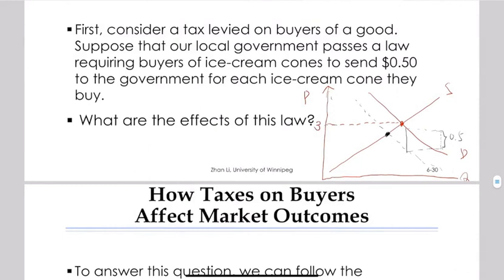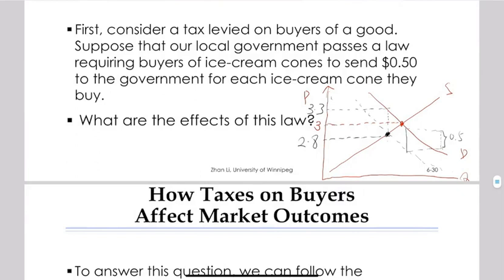And after the tax law, after this additional $0.5 tax, then you can see that, let's assume this is 2.8, and I will have a different number. Let's assume this is 3.3.